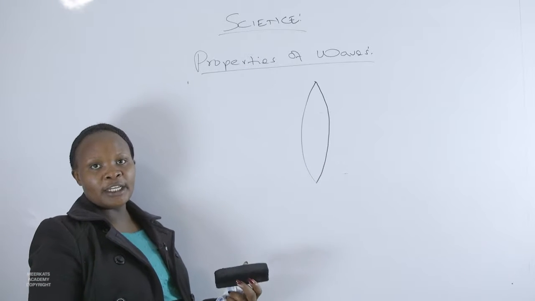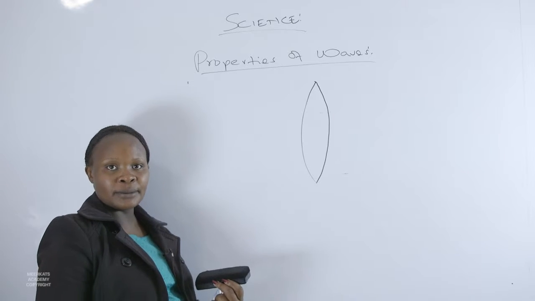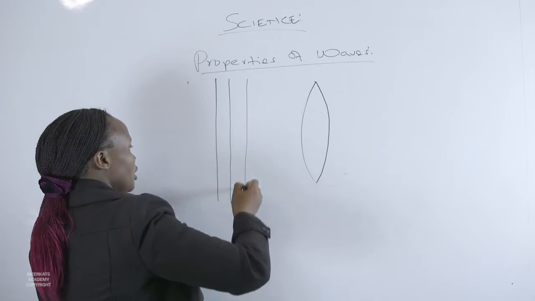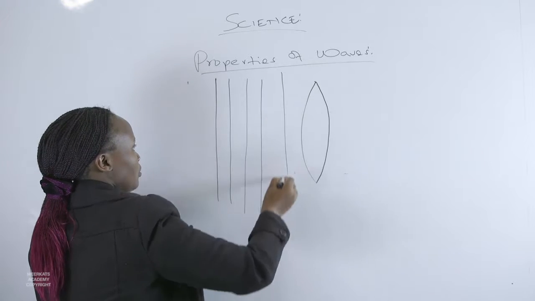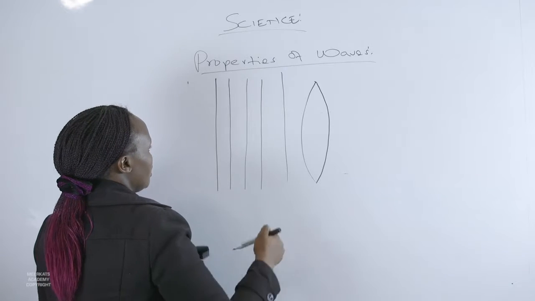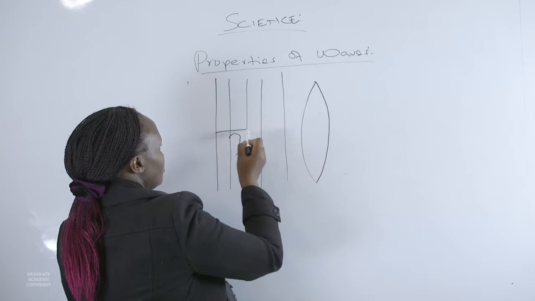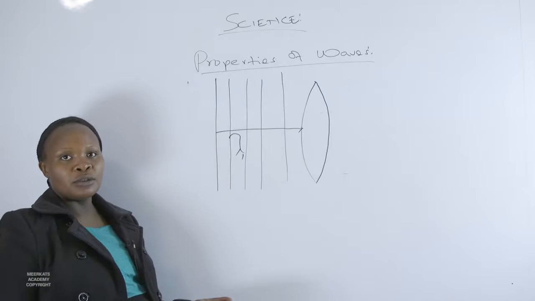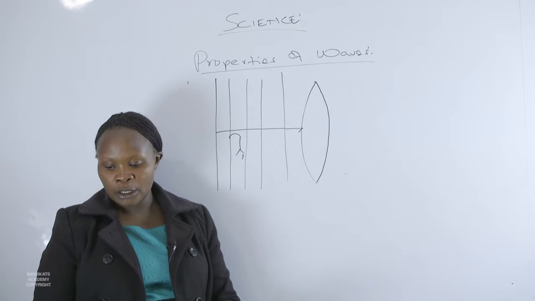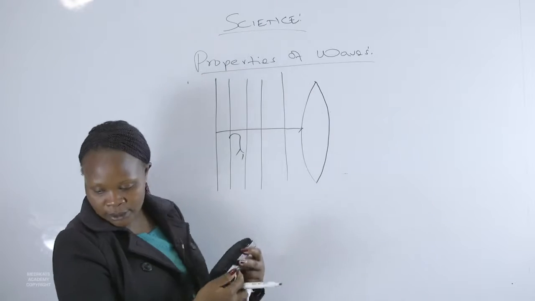Now, here we are going to have multiple changes in media. We have the first one, which is air, and then we shall have our plane wavefronts. Let us call this lambda 1, which is the wavelength. The direction is from left to right. Now, when they come across the first phase of the boundary, we expect that they are going to bend so that we shall have something like this.